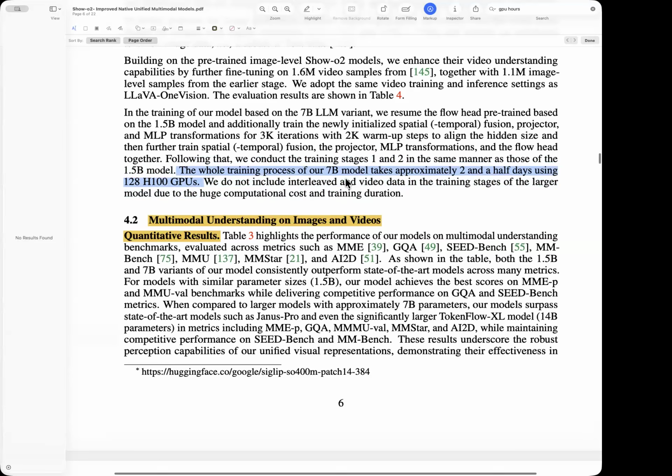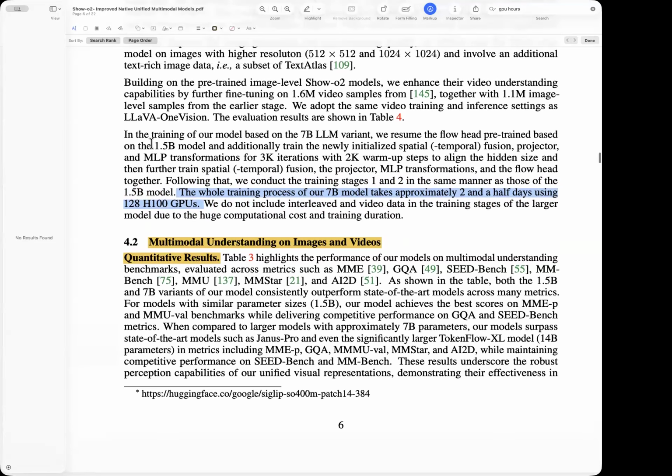And this is their scaled up. Their primary model is the 1.5B. They talk about scaling it up to a 7B, and the whole training process is like less than 10,000 H100 hours. So pretty small, pretty cheap. Total, roughly 100 million multimodal samples.